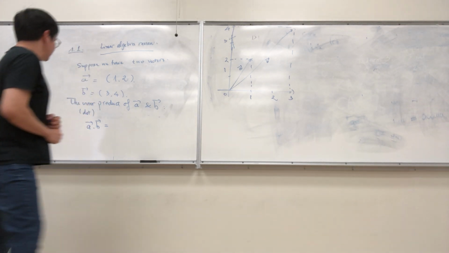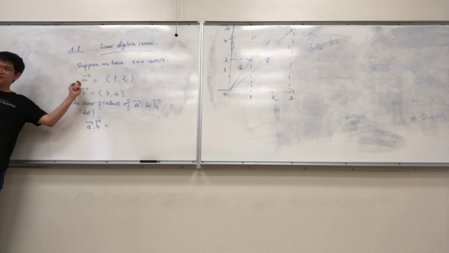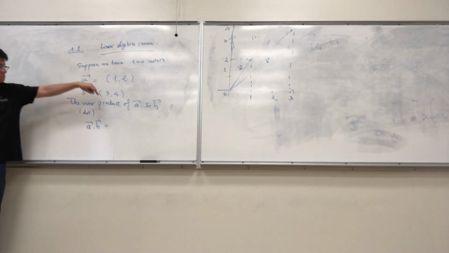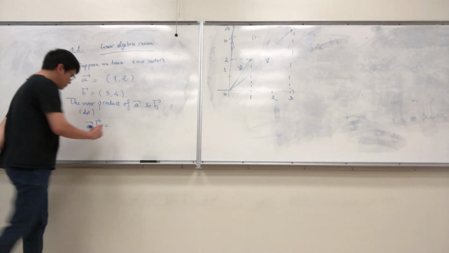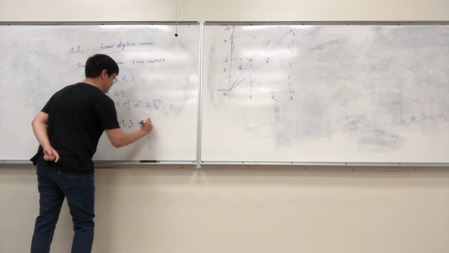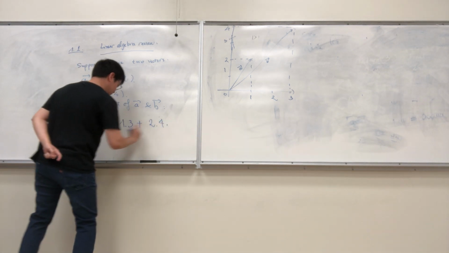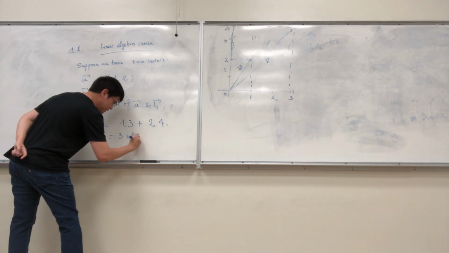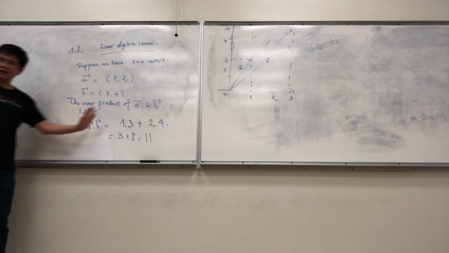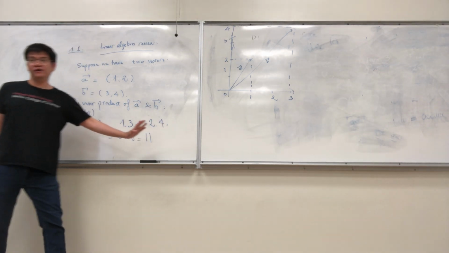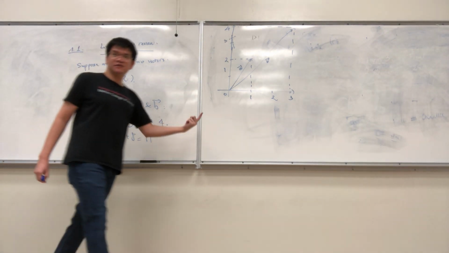So the dot product of the two vectors A and B is computed by multiplying the coordinates and taking a sum. Here you have 1 times 3 plus 2 times 4, which is 3 plus 8. This gives you 11. So you multiply all of the coordinates and take the sum of all of them.